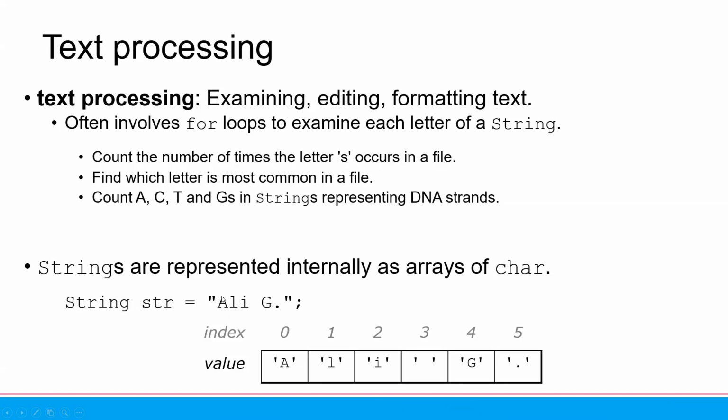Then A is at index 0, index 1 is the character L, index 2 is the character I, index 3 is blank or the space, index 4 is big G, and index 5 is the dot. Because we have 1, 2, 3, 4, 5, 6, the total is 6 elements.